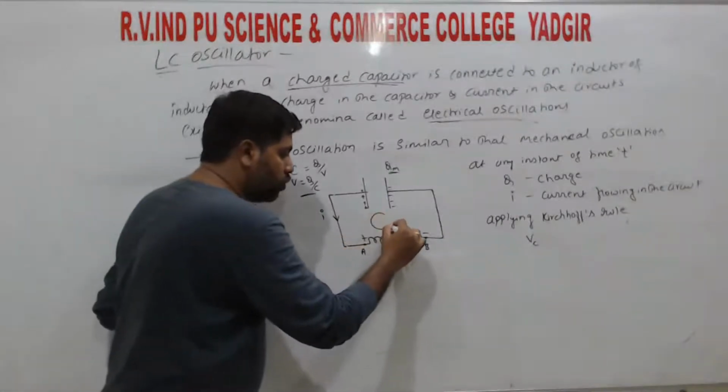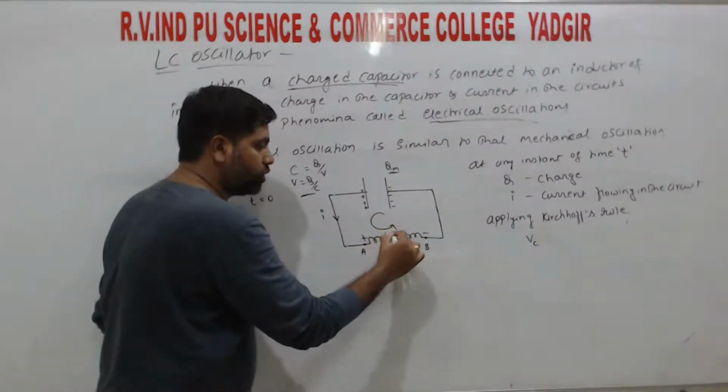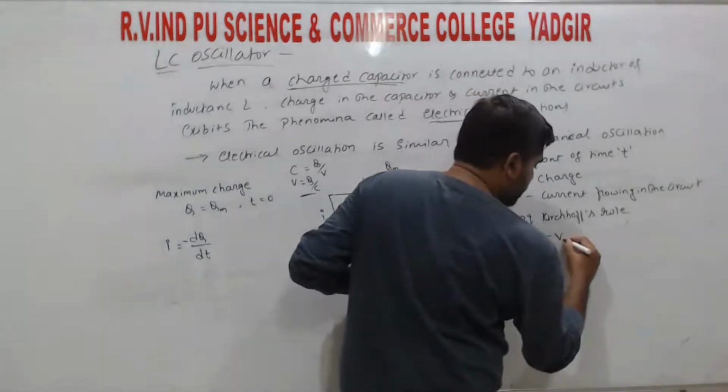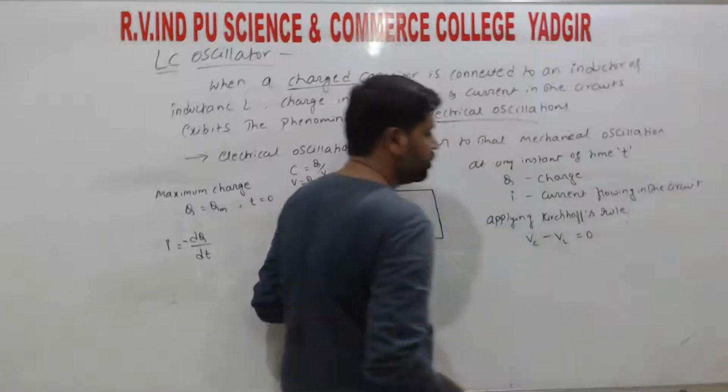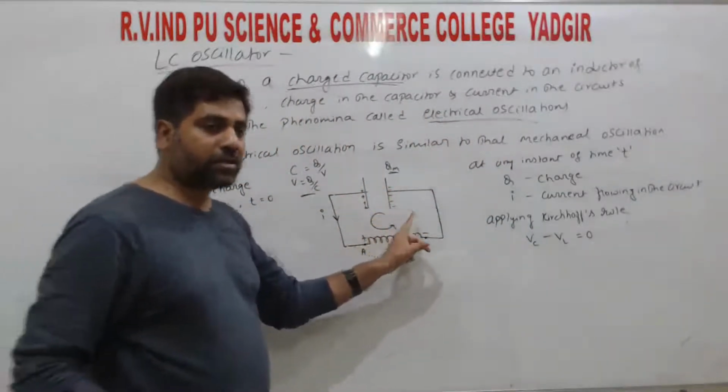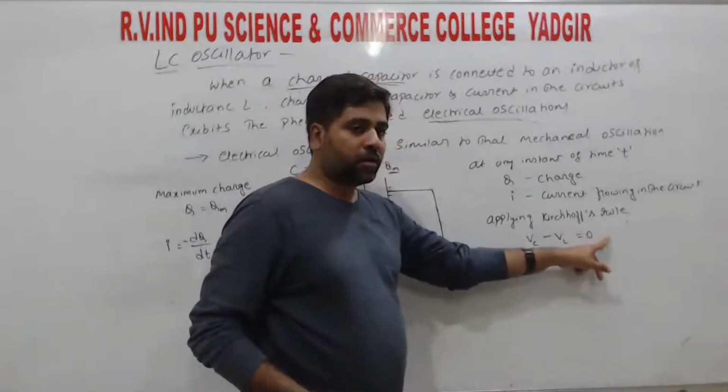Now if we consider a loop, here positive, opposite negative, that means minus VL equals 0. There is no resistance in this circuit, right? There is no external resistance, so the IR product is 0, right?